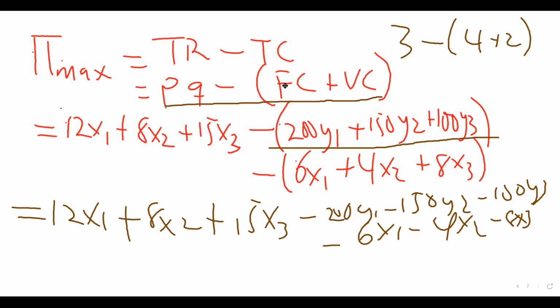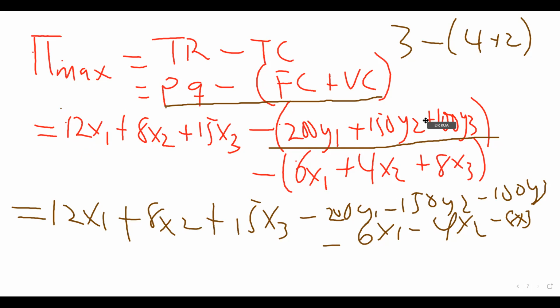The fixed cost plus the variable cost is the total cost. Everything becoming minus is not a problem. Then I also indicated that I'm going to take the like terms, because they all have x. I'm going to subtract the x's and leave the y's.